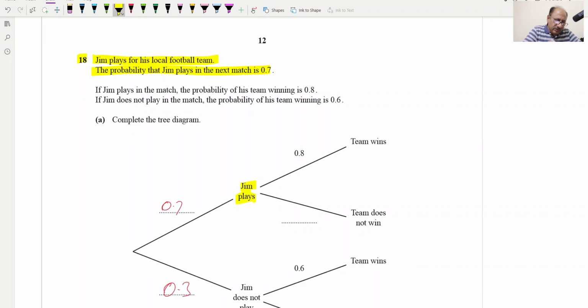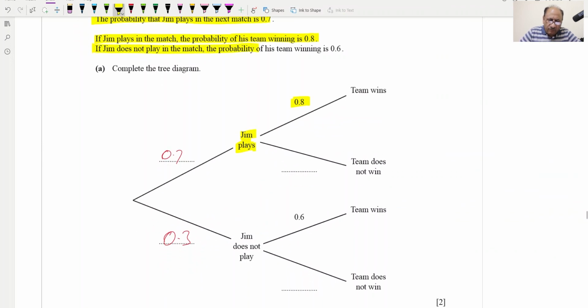Now they are saying if Jim plays in the match, for this branch they are talking about, the probability of his team winning is 0.8. So this is the winning probability. If Jim does not play in the match, the probability of his team winning is 0.6. So this is does not play. Jim is not playing, so winning probability is 0.6.